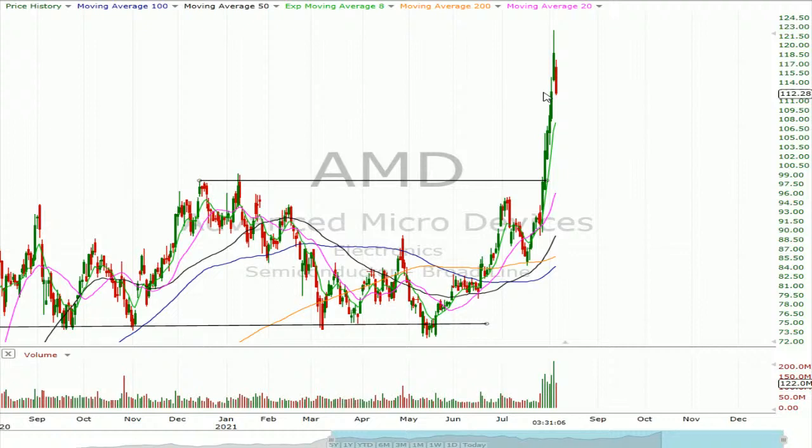Steady digestion, consolidate, start to build a higher support level, and that is something we can look at to re-up a bull swing trade idea. So it's either or. You might get a fast dip, or you might get a consolidation. Those are the levels I'm looking at to potentially reload a bull swing on this.